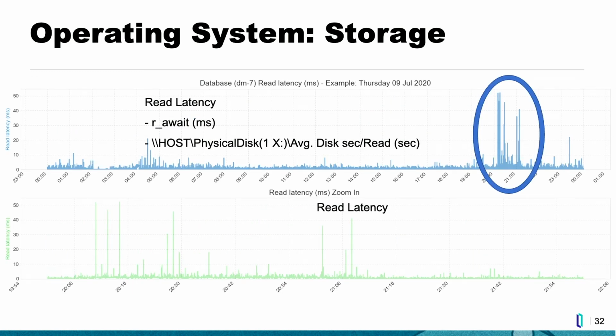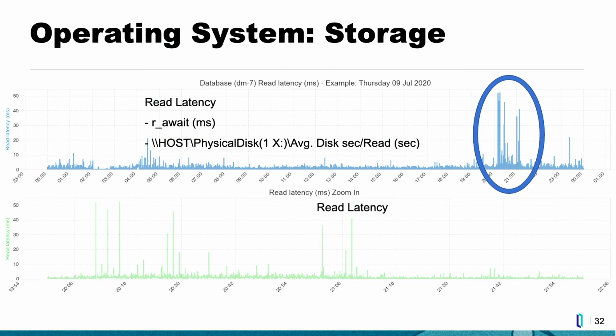Looking at reads, we're looking at the r_await in iostat, or in Windows it's called the average disk seconds per read. This system here, I'm looking at it, and it's got a read latency mostly less than about 5 milliseconds, which is good. It's within our parameters. But here on the right-hand side, it's way up. It's up in the 50s, and that doesn't look very good at all.